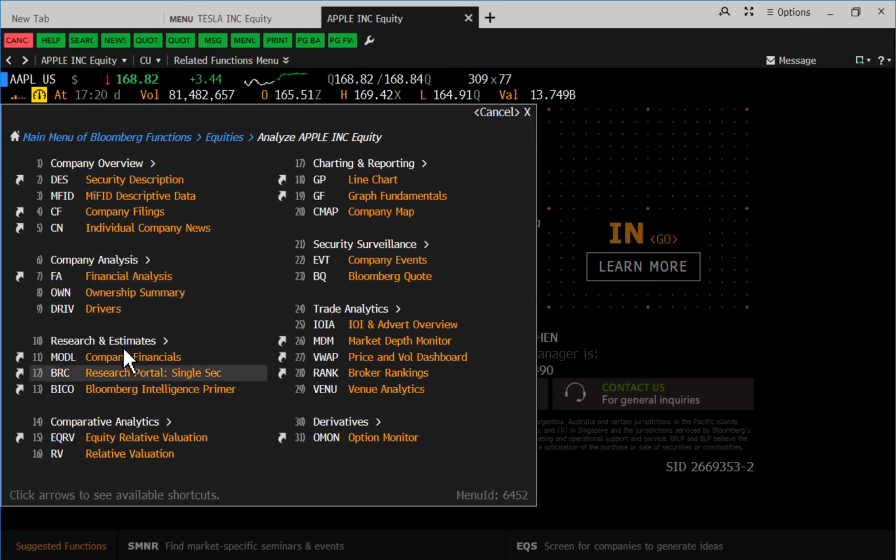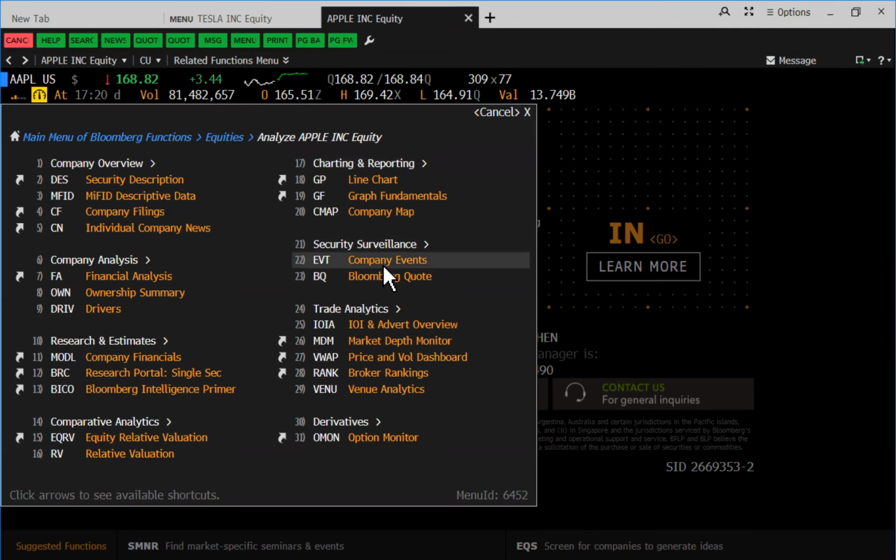If you want to know the analyst forecast, then you're going to see this research and estimates. If you want to look at its valuation, then you look at this comparable analytics. Charting and reporting will help you to get to know better their price changes over time.